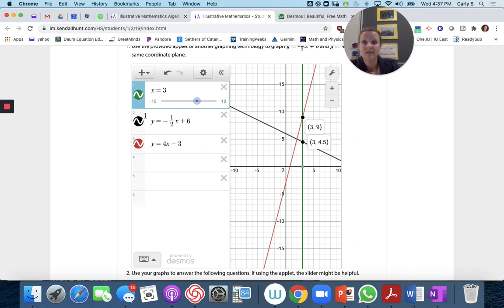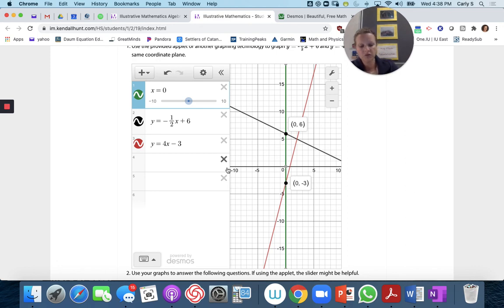Okay, so this equation is less than this equation, which is what it's asking us. And then for what values of x is the first equation greater than the second equation? Well, that's when x is going to be less than 2. Any values less than 2. Okay, we could even just say 1, which we already did, or 0. When x is 0, y is 6, or y is negative 3.